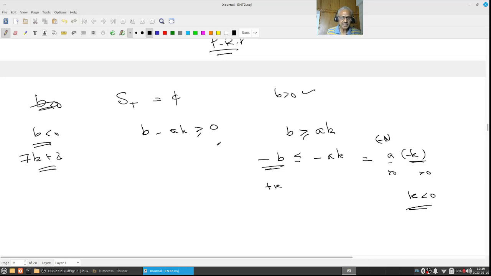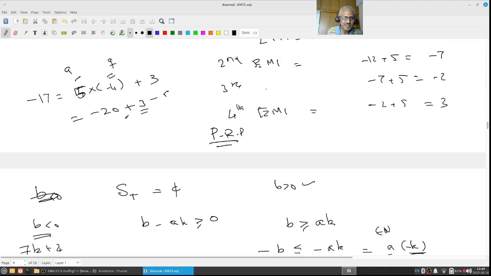If such a K exists, then B must be greater than or equal to AK. But remember, B is negative, and I want to use A is positive, so let us look at minus B, which will be less than or equal to minus AK. That I can rewrite as A times minus K. Now A is positive, minus B is positive, therefore minus K must be positive. That means K must be a negative integer. Do you see that? That's what we did.